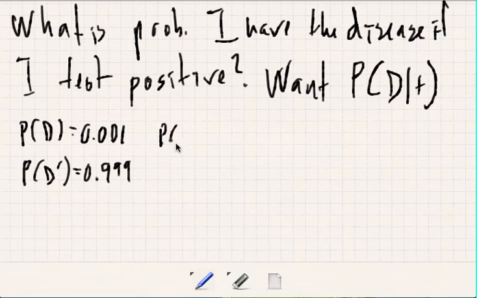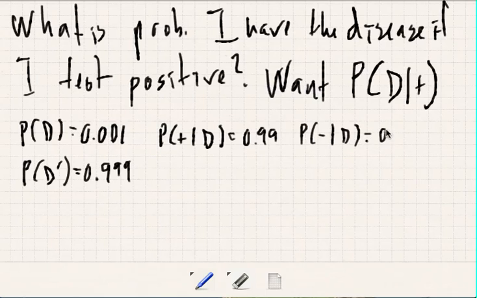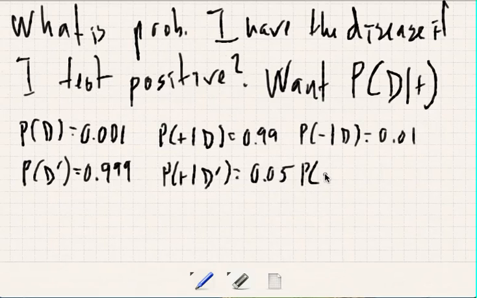The probability that you test positive given that you have the disease is 0.99, which means that the probability that you test negative given that you have the disease is 1%, 0.01. And the probability you test positive if you don't have the disease is 0.05, because the probability that you test negative given that you don't have the disease is 0.95.